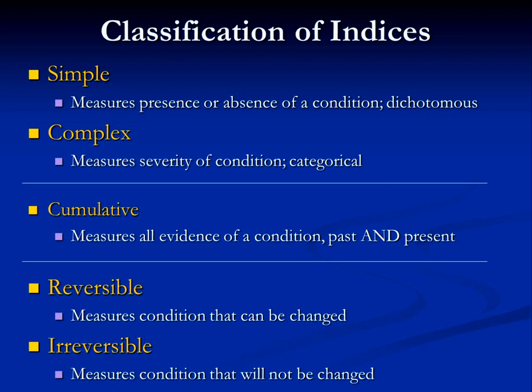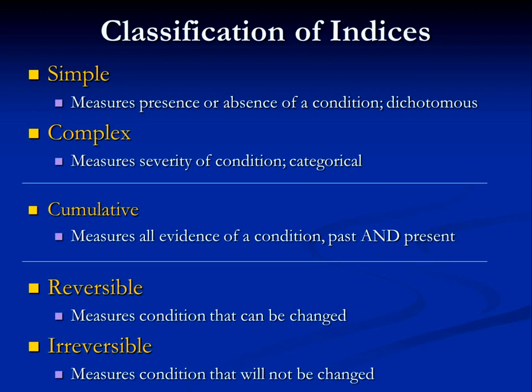A cumulative index means that it measures all evidence of a condition, so past and present disease statuses. We see that a lot of our caries indices are cumulative because we can see whether they've had past treatment in terms of restorations or if a tooth has been pulled due to caries.